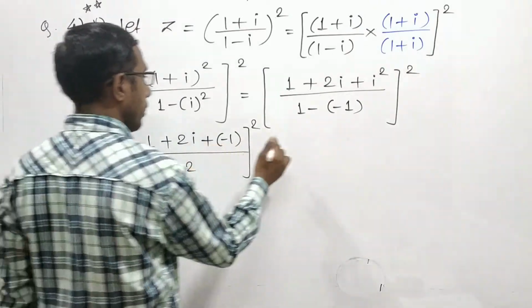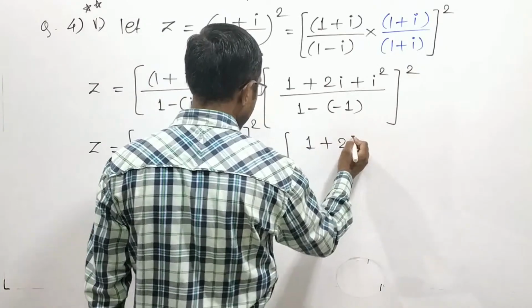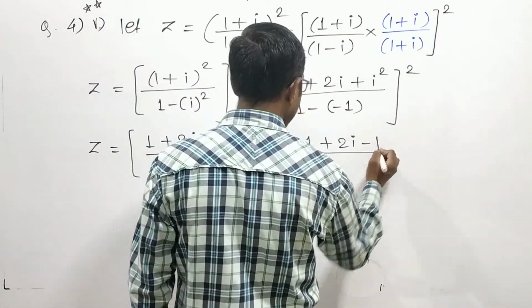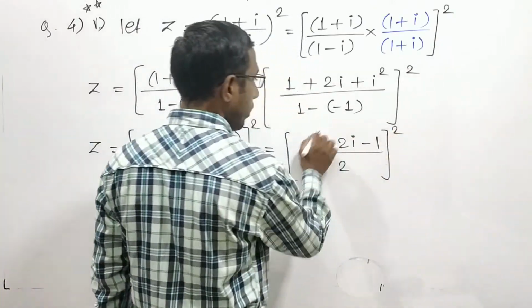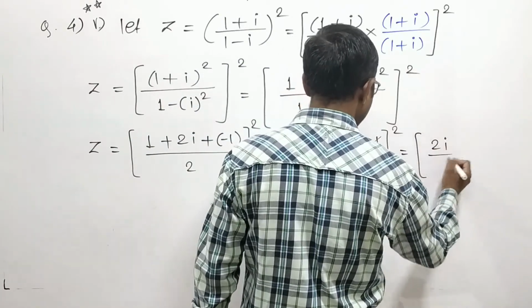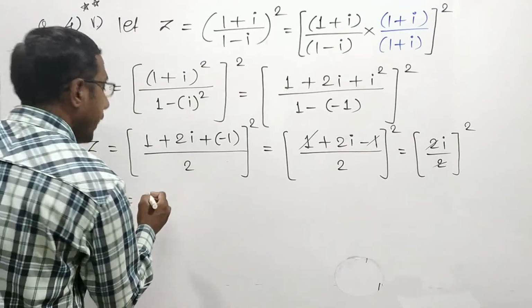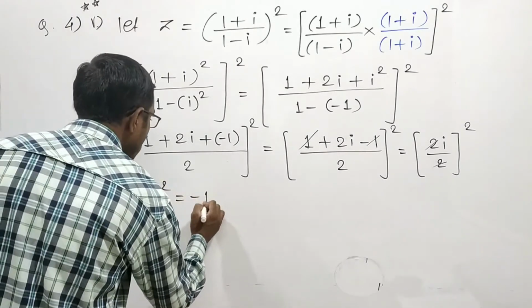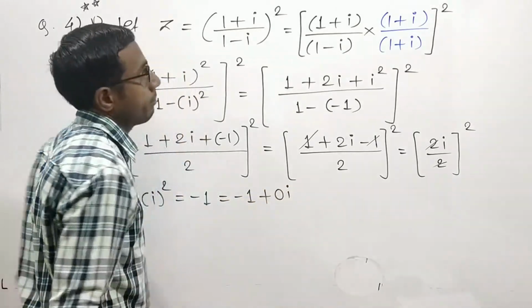So it is 1 plus 2i, then plus of minus, minus 1, divided by 2 bracket square. This gets cancelled, so it is 2i by 2. So finally, it's only i square, and you know that i square is equal to minus 1, and I can write it like this: minus 1 plus 0i.